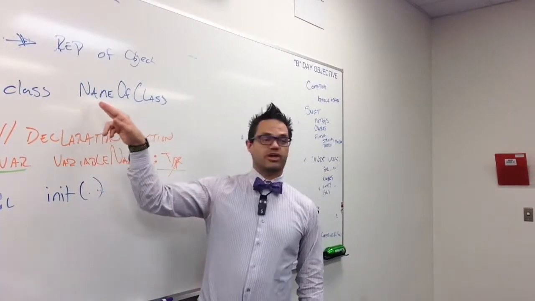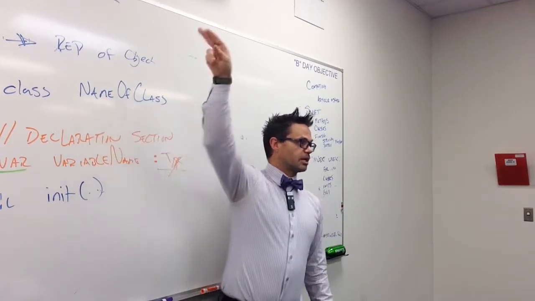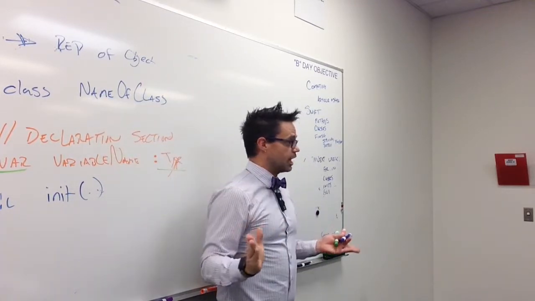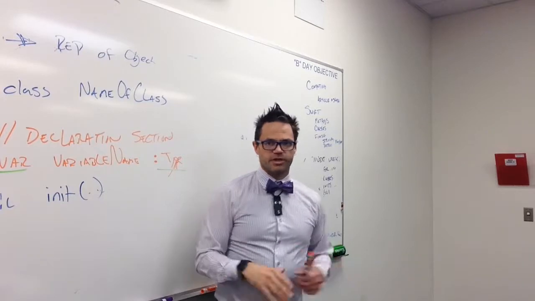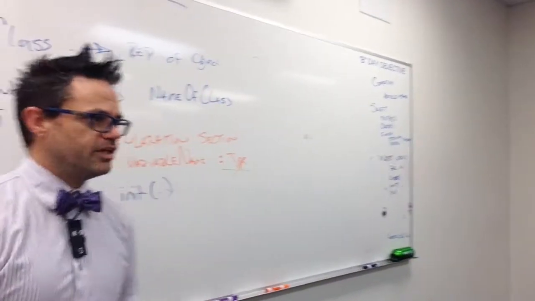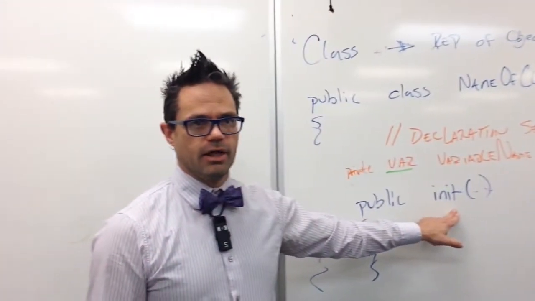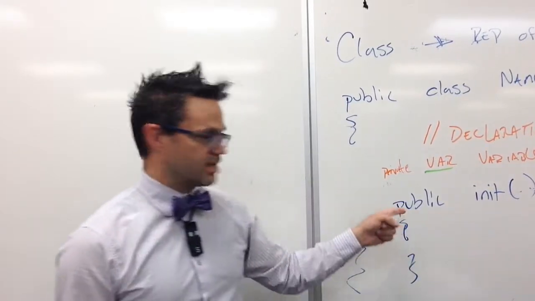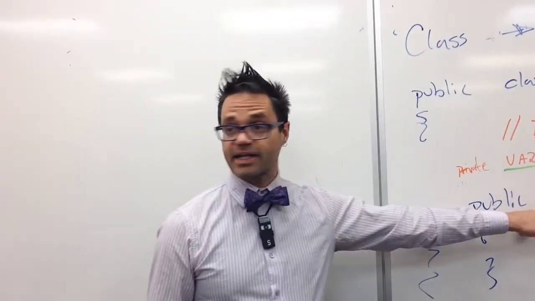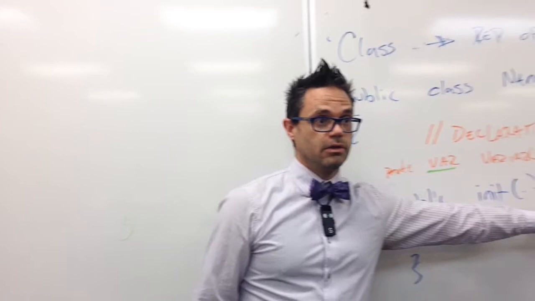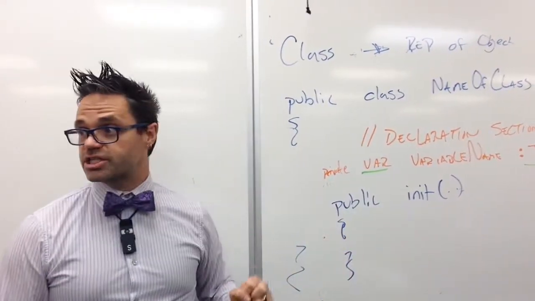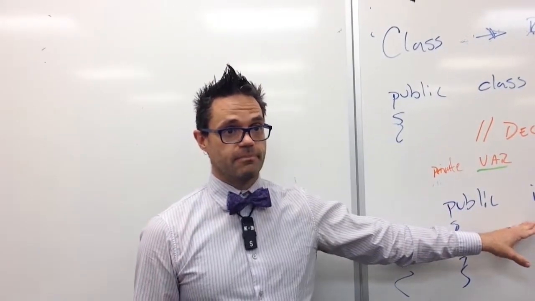The constructor has the same name as the class, which has the same name as the file, which is the same name as the type. In Swift, it's different. Instead, we have the initializer, or the init. And just like in Java, the init has a visibility. It does not have a return type afterwards. It is merely just the creation of that object.